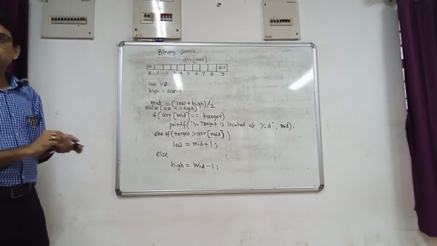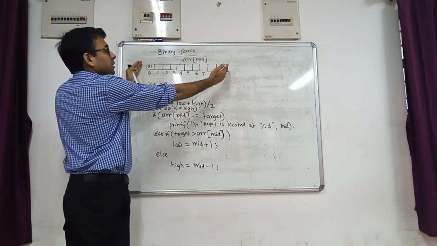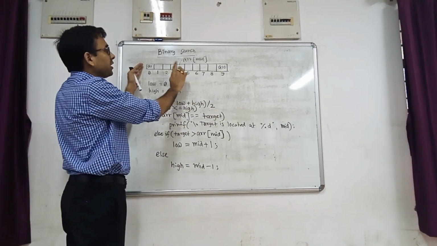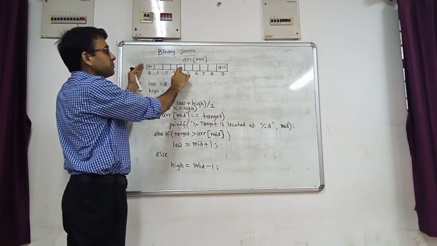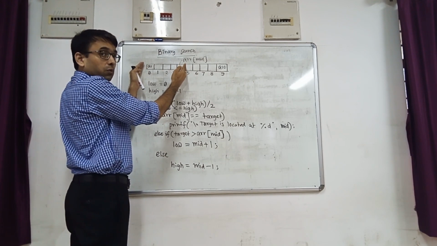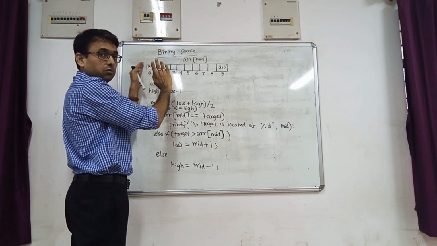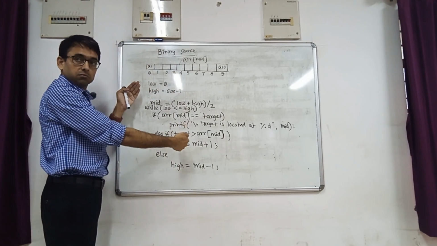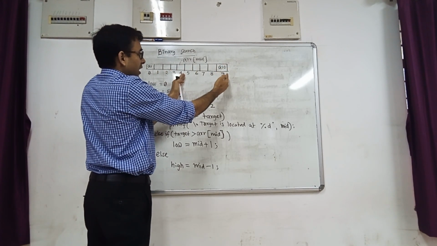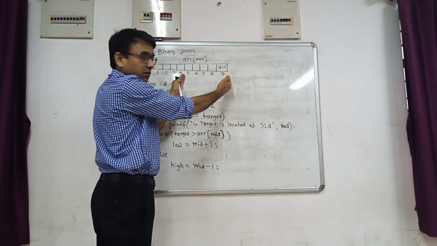So what you are doing basically, you are dividing the whole range into two, then you are comparing with the mid. If it is matching, then it is okay, otherwise you will take only one part out of these two according to the condition. So if the target is more than this value, then definitely I have to search in this range.